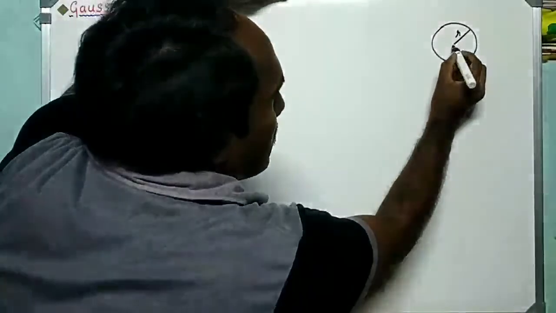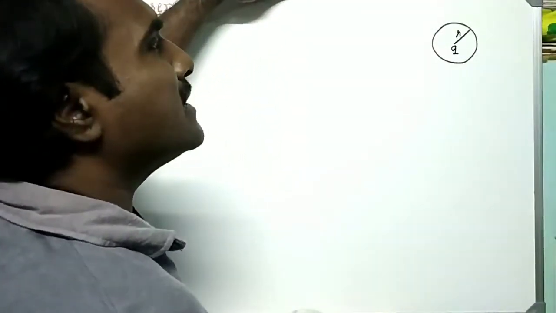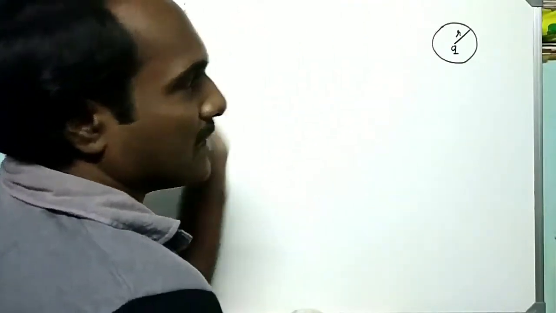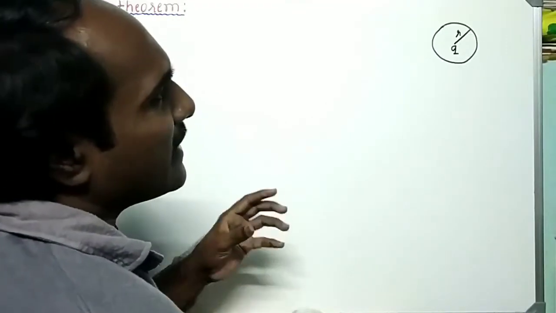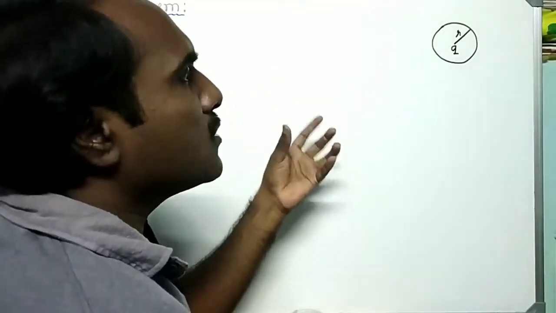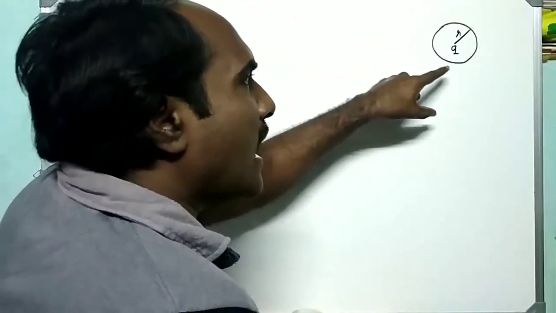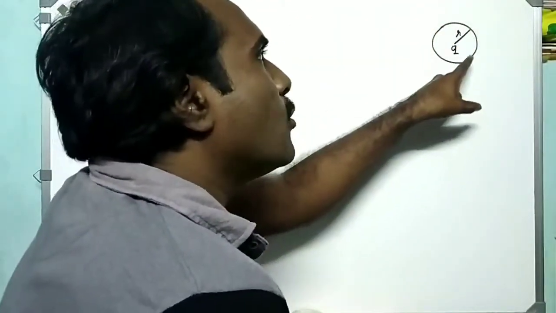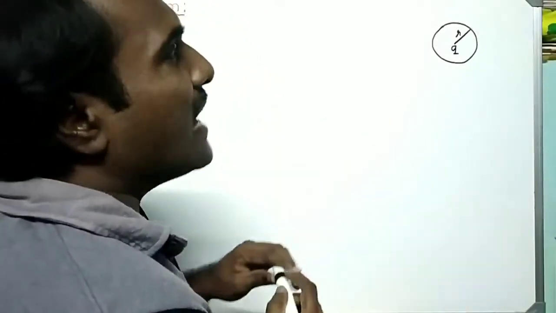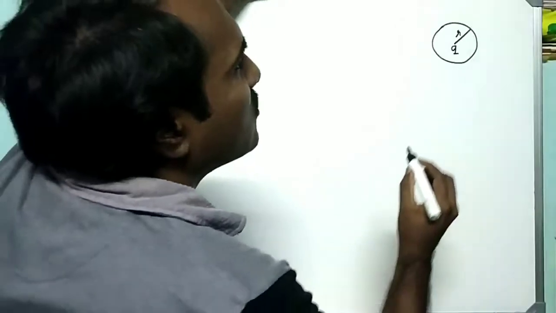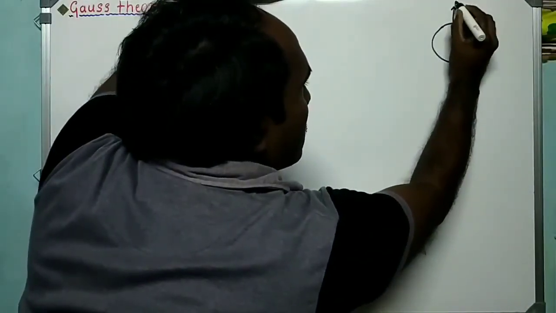Now small letter q be a charge which is placed at the center of the spherical conductor. Since I kept the q amount of charge at the center of the sphere, the electric field at any point on the surface of this sphere remains same, and that electric field acts normally to the surface of the sphere, that is in this direction.